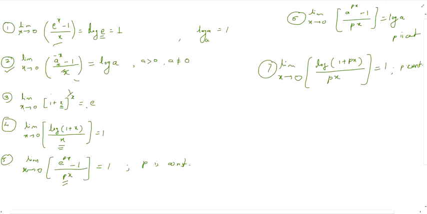And the last one, which is nothing but from the third result: limit x tends to 0 of (1 plus px) raised to the reciprocal of this term, that is 1 by px, is equal to e, where p is a constant.